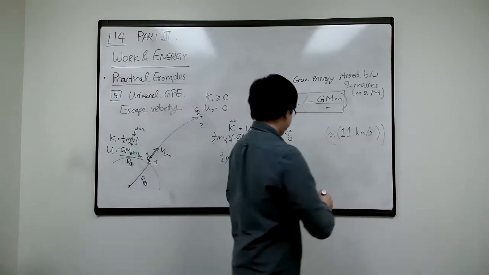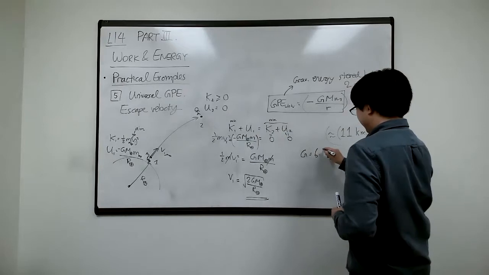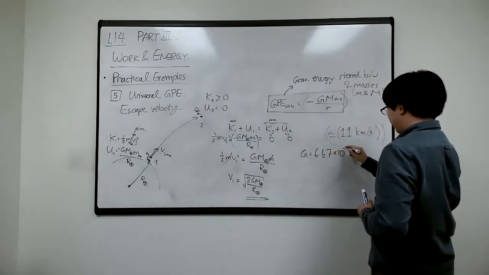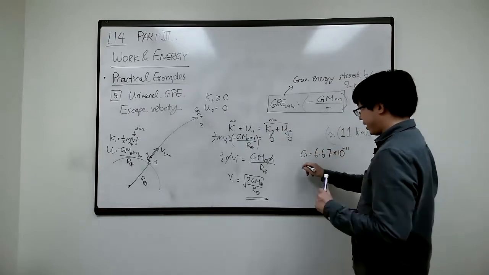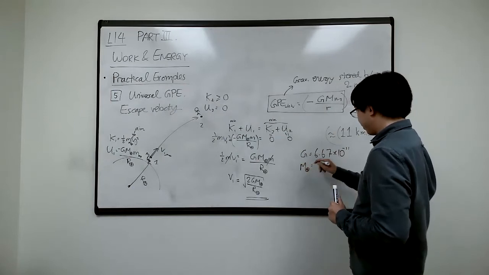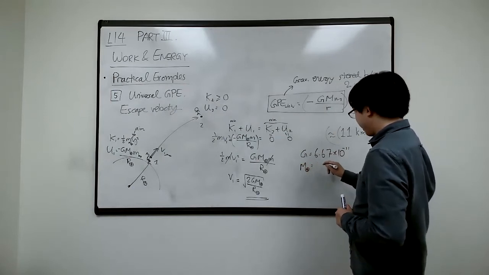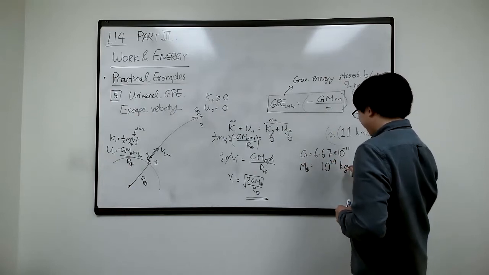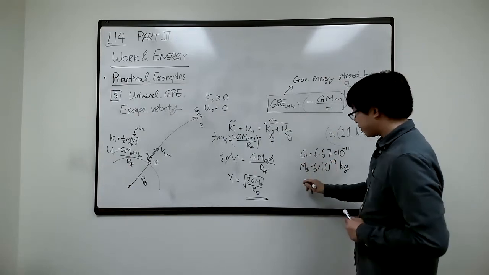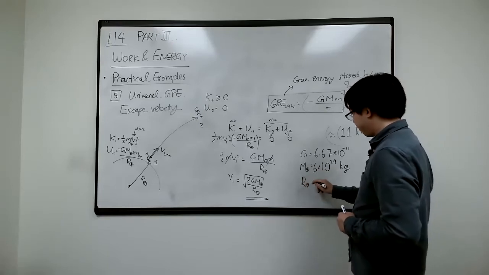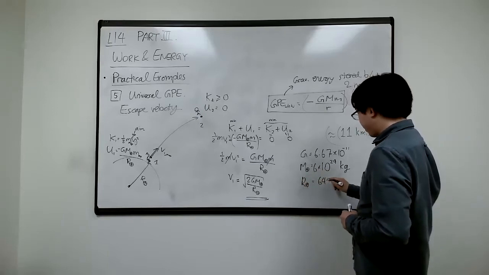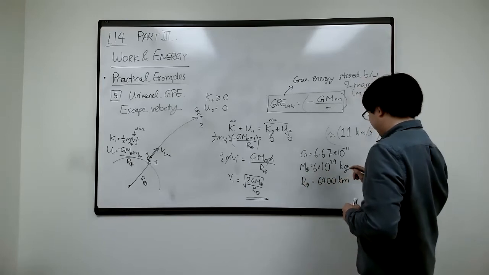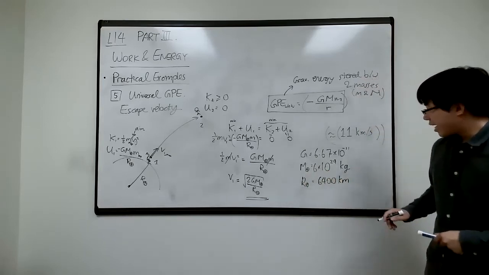And I'll let you plug in the numbers. If you remember, G should be 6.67. I hope I quote these right. With standard SI units, you can double check in your book or with a quick Google. Mass of the Earth is whatever number times 10 to the 24 kilograms, I think it's around 6. You can double check that as well. The radius, this one I remember, is roughly 6,400 kilometers.